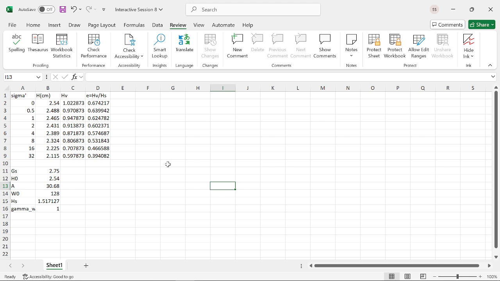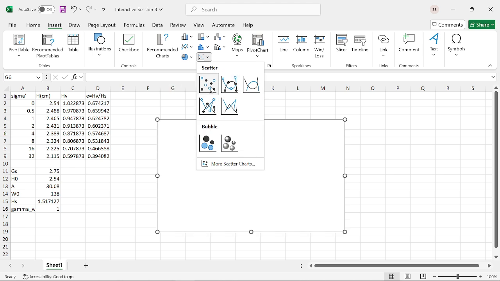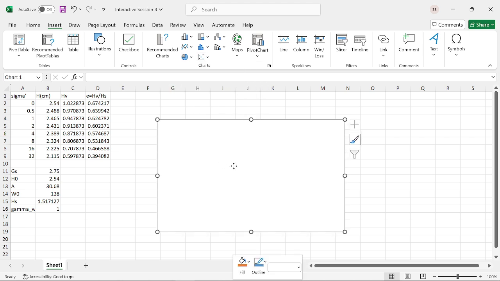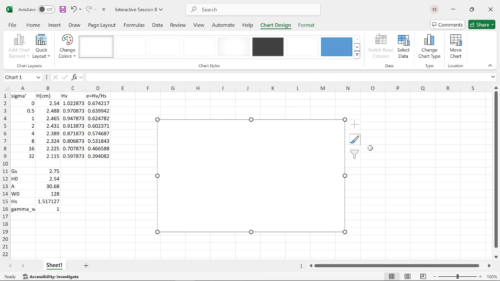The sigma will be on a log scale. Actually, let me just plot it. I should have added a scatter plot.